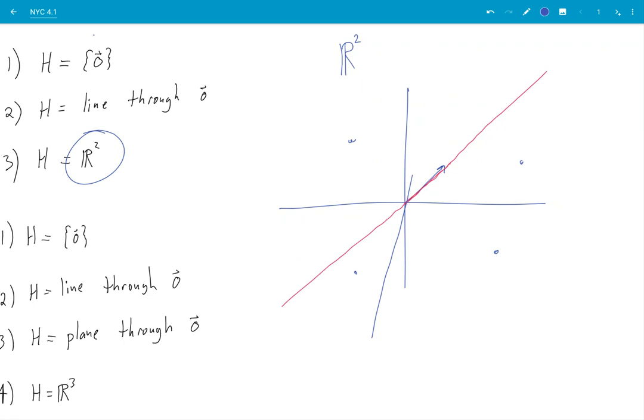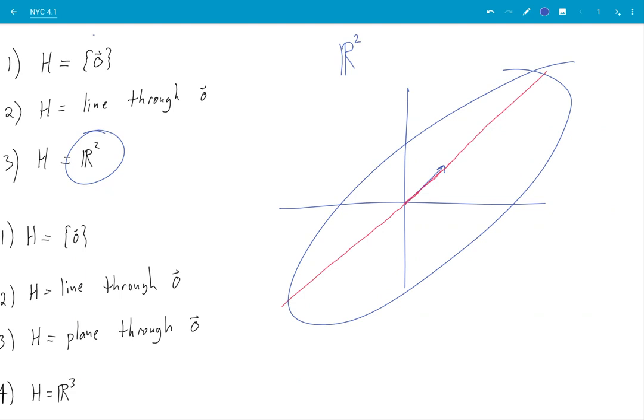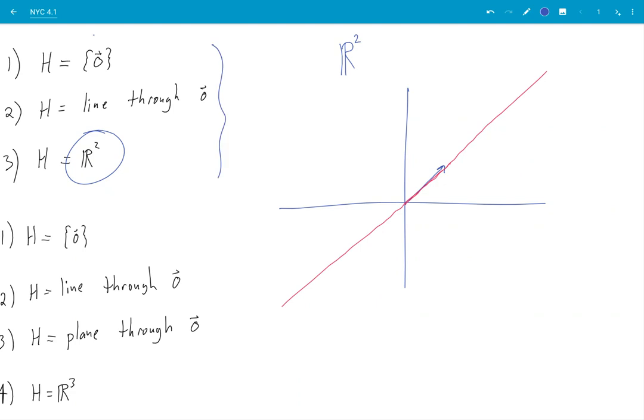Conversely, if H does not contain a non-zero vector that is off this line, well then H must fall into this category. So that was a bit rough, but it's the general idea. There is no subspace in between these possibilities.